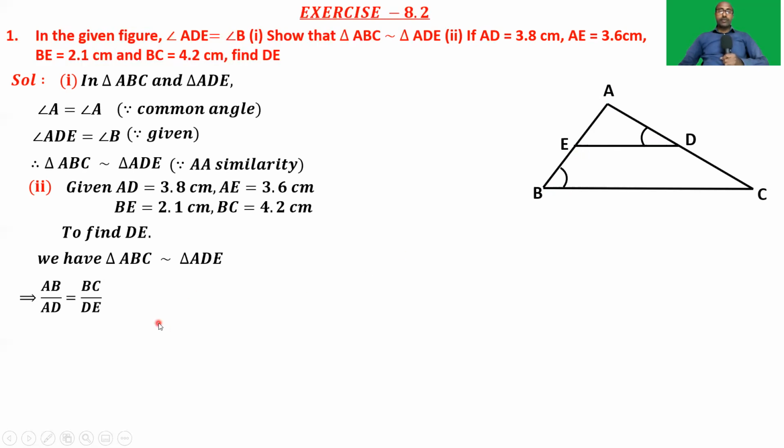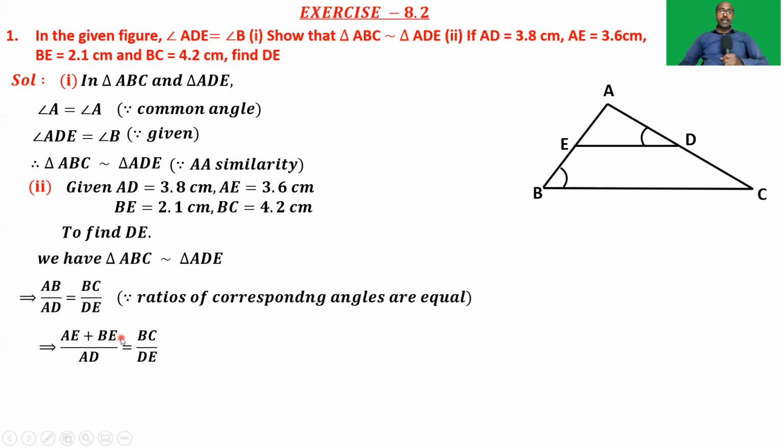So now we know that AD is 3.8, AE is equal to 3.6, BE is equal to 2.1, and BC is equal to 4.2. But here we don't know the value of AB. But we know that AB is the sum of AE and BE. So we can substitute AB is equal to AE plus BE.